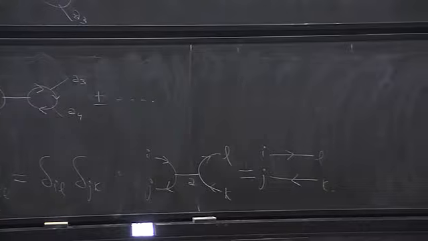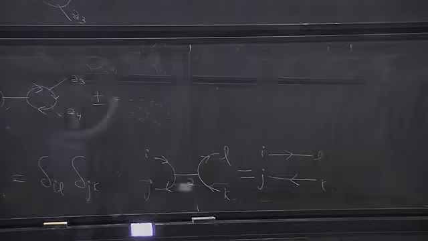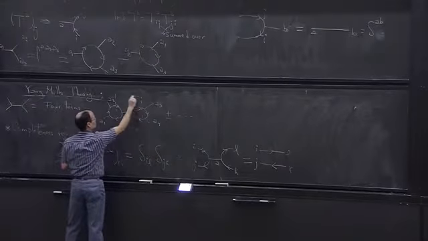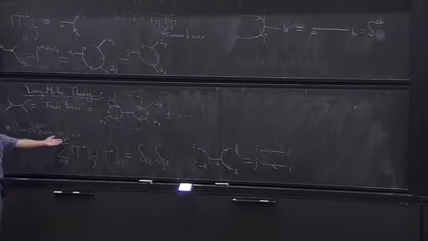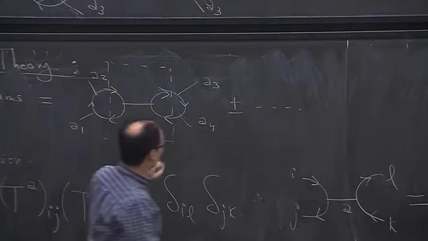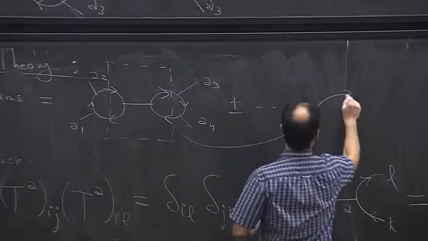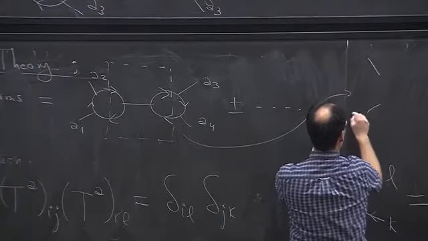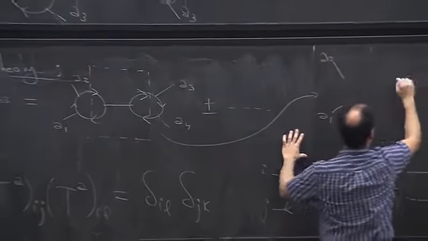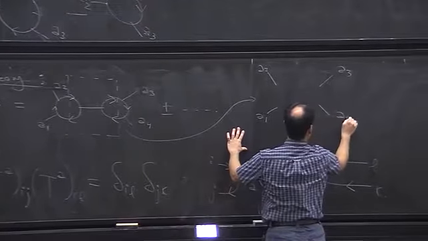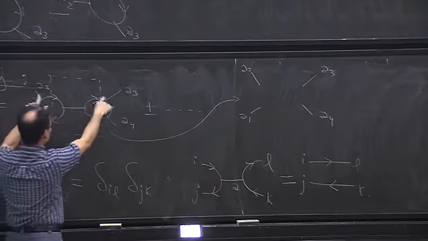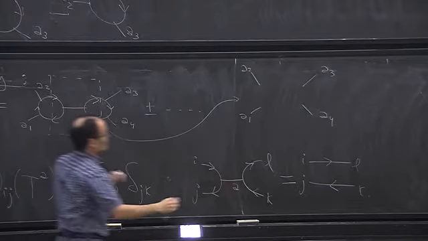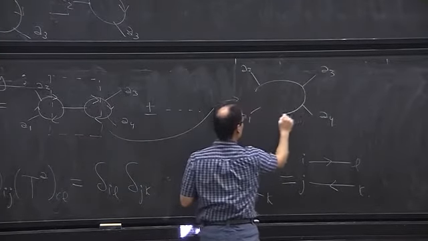Okay? Now let's apply that to this part of the diagram. It's exactly the same thing that we have. Now we just applied it, and this thing becomes, we have A1, A2, A3, and A4, and what this object is doing is fusing these two circles together and inducing an ordering.